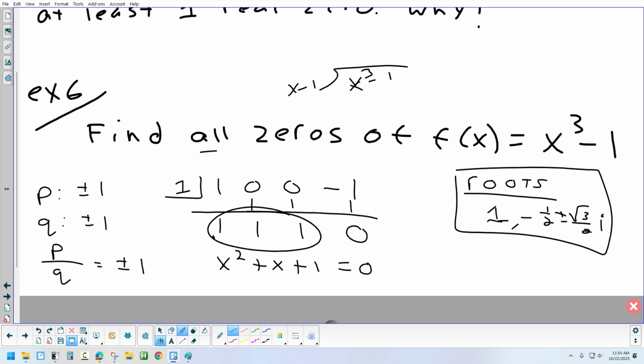There's 3 roots right here. But is it because it's an imaginary number, it doesn't cross? If it has an imaginary number, it will not cross the x-axis. This will only cross the x-axis once. So if you graph this and you do second calc 0, you will get this answer. But there is no way to look at the graph and get these other 2. They're not visible. You've got to use the quadratic formula.